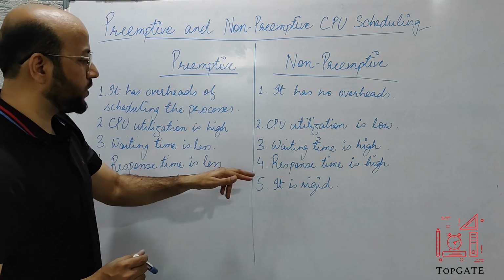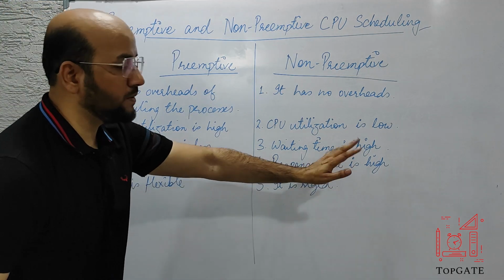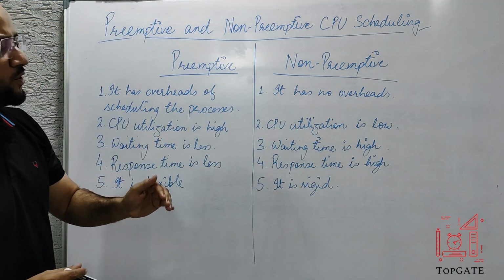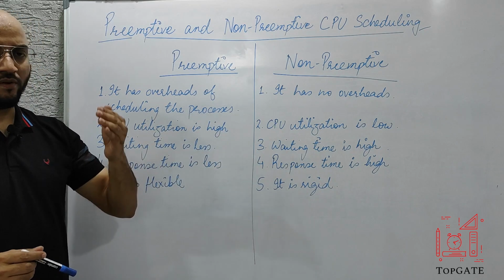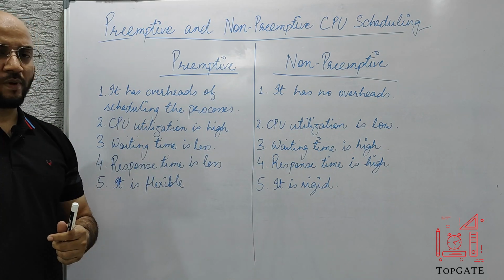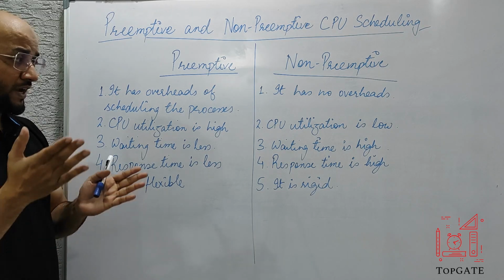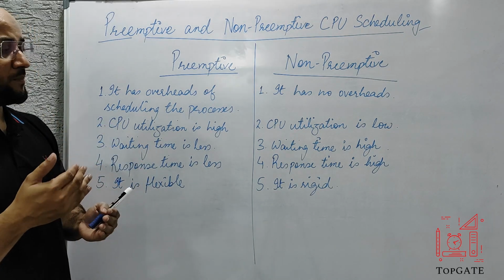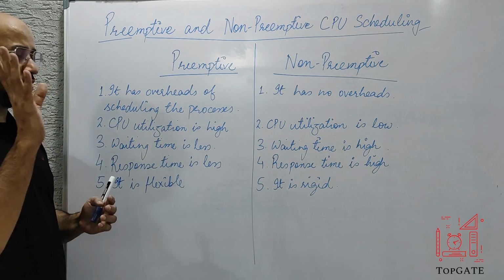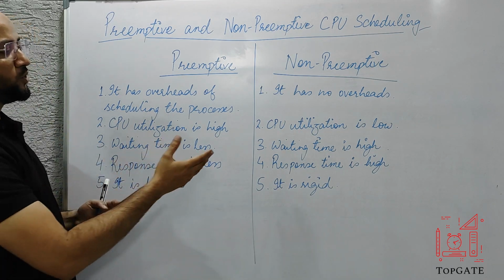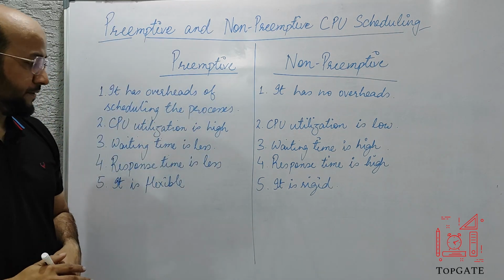As opposed to this one, the response time is high. Why is response time high? Because we are following the non-preemptive approach. If a process is getting executed by the CPU, it will not leave the CPU unless and until it is completed. So while it is getting executed, every other process will be waiting for their first response from the CPU, and the response time will eventually be very high.